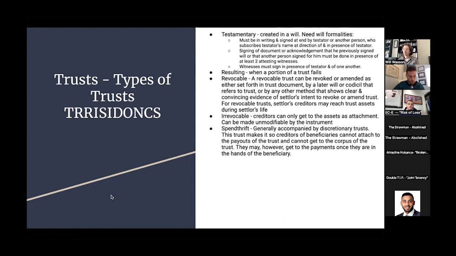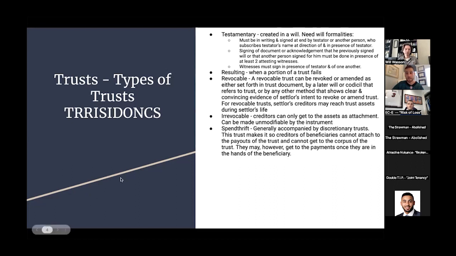It's presumed revocable, but if you're really trying to protect the trust and the property of the trust, it's better to make it irrevocable because of these conditions that Will was explaining. It's harder to pierce an irrevocable trust. So just remember that in Florida, trusts are presumed revocable unless explicitly stated otherwise.